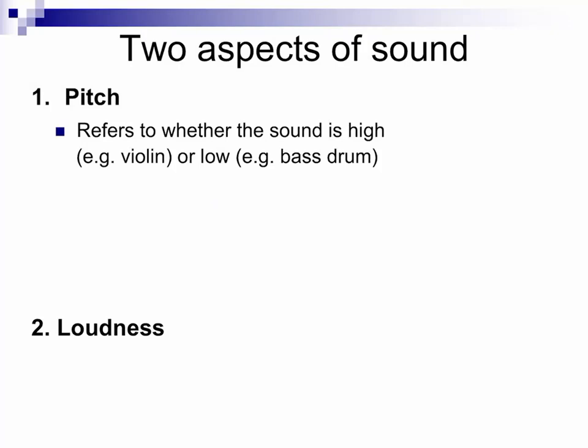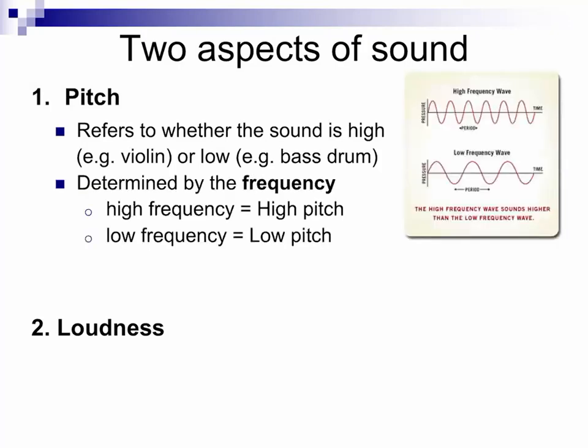If we relate the pitch to the physical property of the wave, pitch is determined by the frequency of the wave. So high frequency waves have high pitch. When we say high frequency, you have more crests or troughs passing a given point per unit time compared to a low frequency sound, where you have fewer crests or troughs passing a given point per unit time.